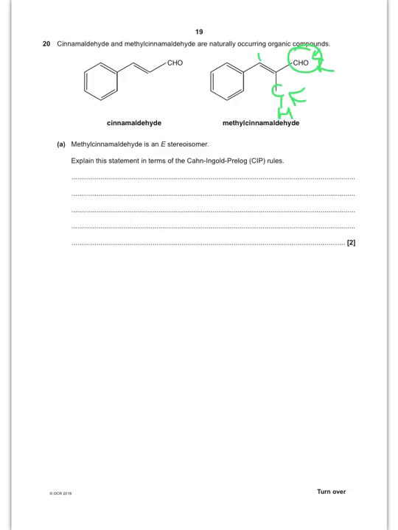And then this side, obviously carbon is going to have a higher priority than hydrogen. It's got a higher atomic number, and therefore your two highest priority groups are opposite each other, and therefore it is the E isomer.